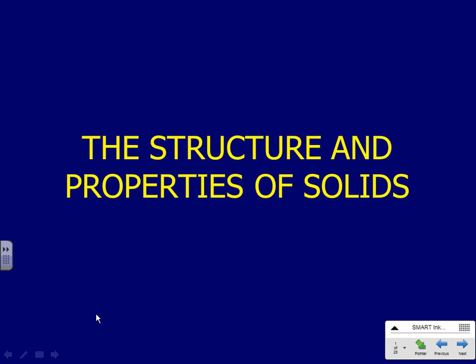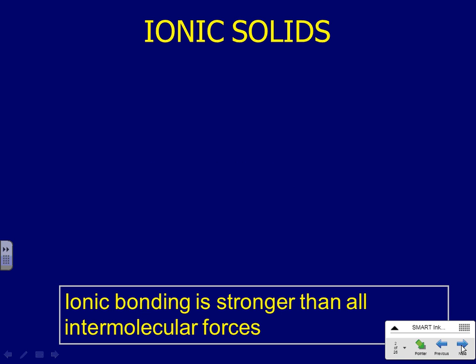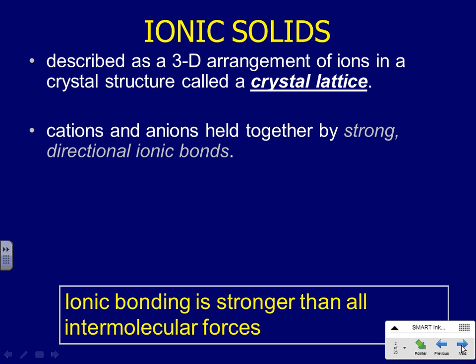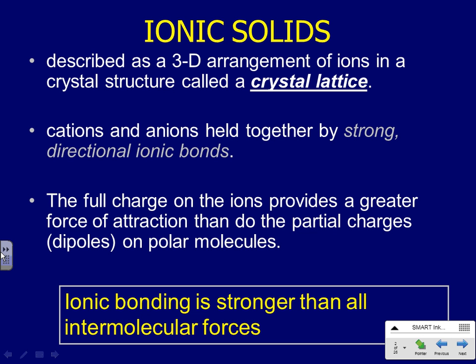We're just talking about regular temperatures and pressures and regular matter that we would encounter in a laboratory or in everyday life. And we want to break it down into the different types of material that we know. And we're going to start off with ionic solids.